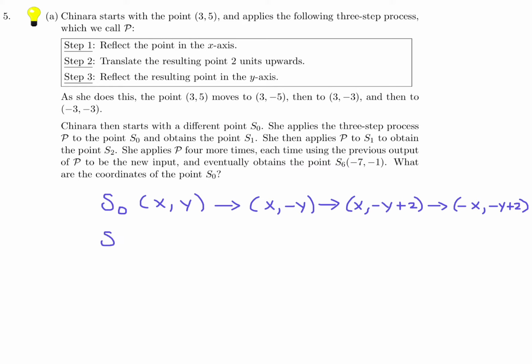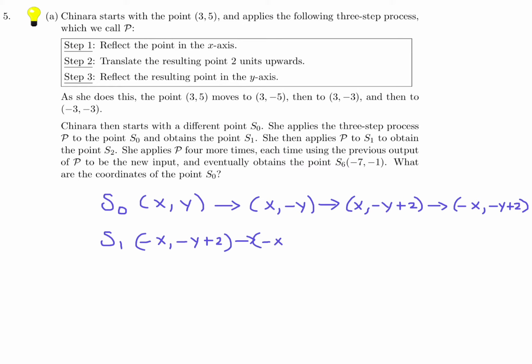Okay, so the final result will be S1. So put the final result here: (-x, -y plus 2). Let's go through this again. When you do step 1, reflect the point in the x-axis, the x-coordinate stays the same, but the y-coordinate is like you're multiplying it by -1.